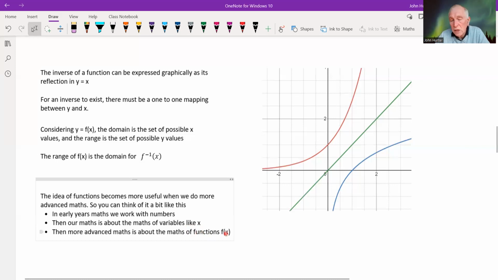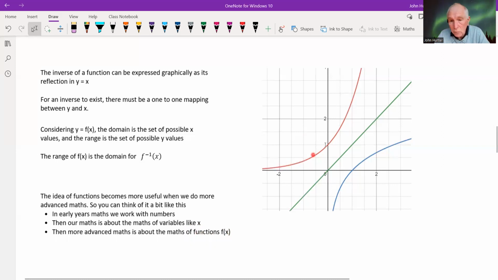We see this in things like transformation of graphs. Where if we have a function f of x which has a curve like this, let's say, and then we evaluate f of x minus 2, for instance, we're actually substituting x minus 2 in for all our x's in the function.